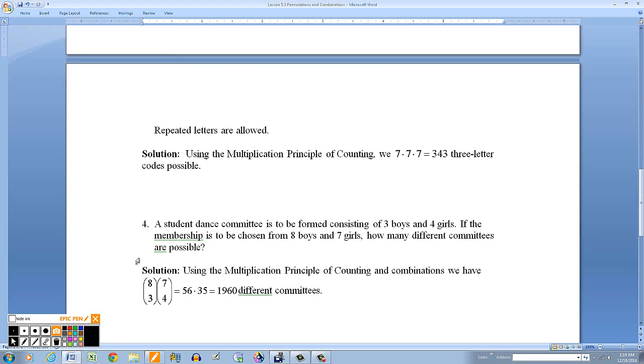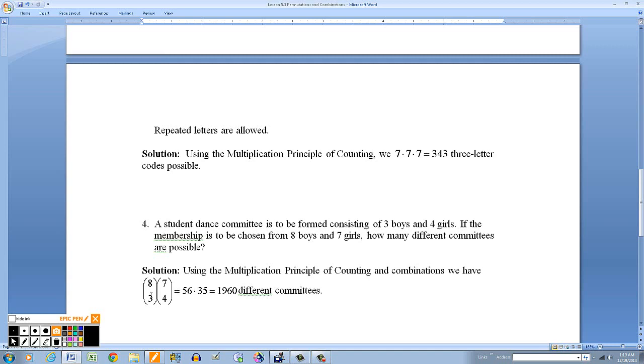So we're selecting 3 boys out of a possible 8. That's where I get this first expression, 8 select 3, and we're selecting 4 girls out of a possible 7 girls, so it's 7 select 4. So 8 select 3 is the number of ways of selecting the boys, 7 select 4 is the number of ways of selecting the girls.